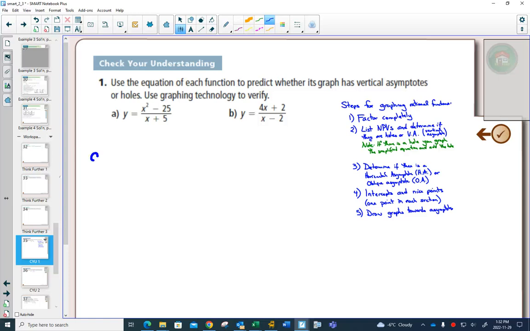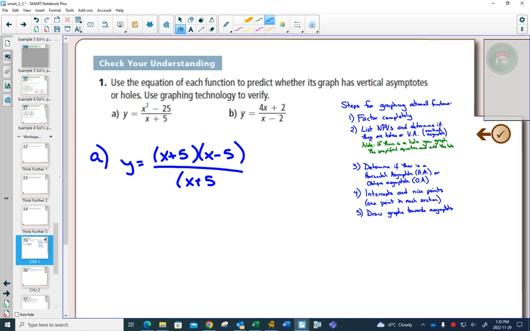So in A, step 1 that you're going to do with all your graphing rational functions is factor it completely, both your numerator and your denominator. So the top factors as a difference of squares, x plus 5, x minus 5.